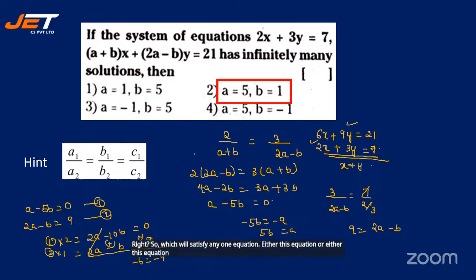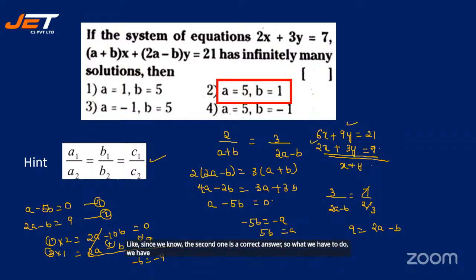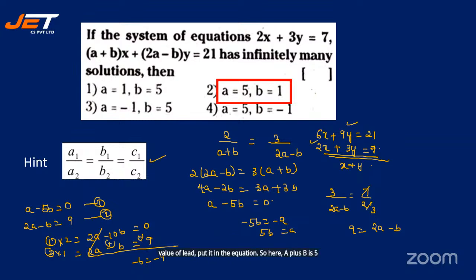So this first method that we did is a long method. To find out the infinitely many solutions, you have to check each option. Since we know the second one is the correct answer, we just take the value of a and the value of b and put them in the equation. So a plus b is 5 plus 1, 6x, plus 2a minus b, that is 2 into 5, 10 minus 1, 9y is equal to 21.